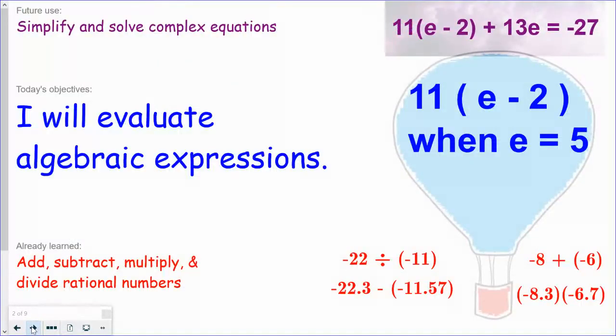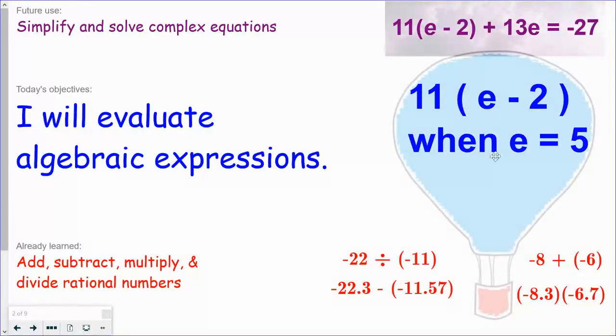So a quick review. Remember, we have already learned how to add, subtract, multiply, and divide rational numbers. Rational numbers are your integers, which are positive and negative whole numbers, your decimals, and your fractions, positive and negative for both of those. All right, so that was from quarter one.